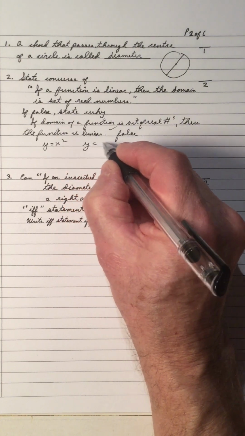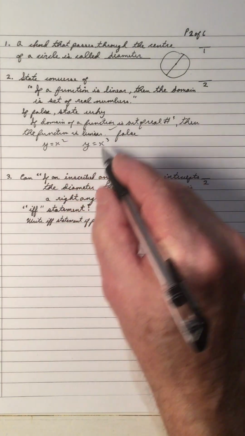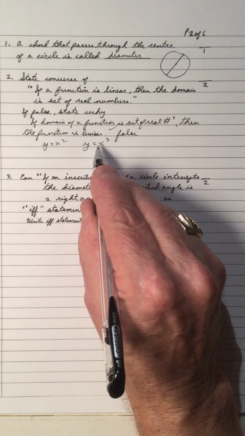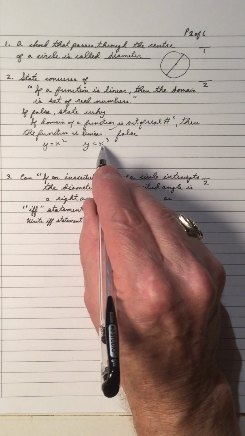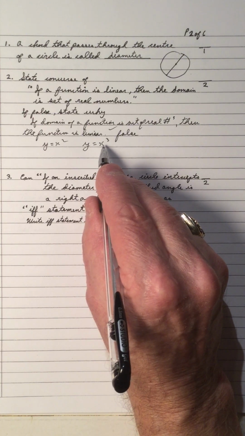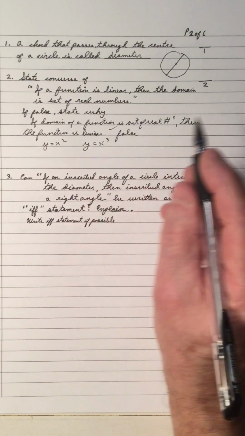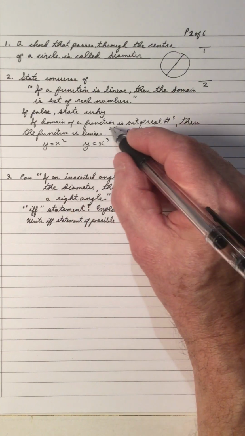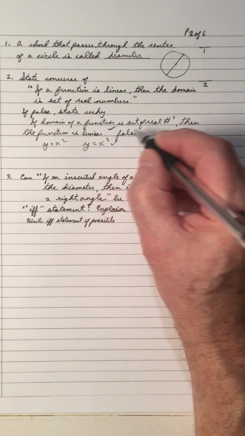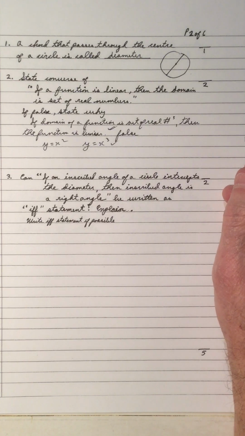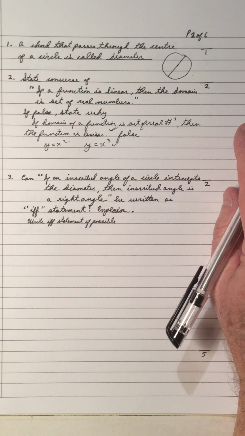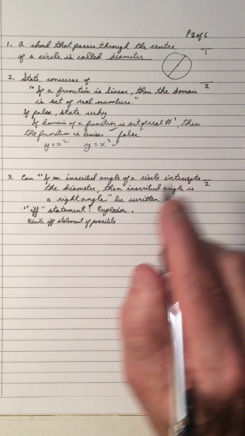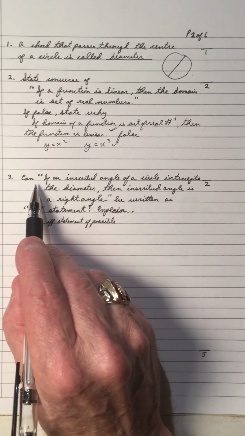Another one could be the cubic function, which has the domain of reals, but again, it's not linear. So if you got the domain inverse right and you got the reason right, give yourself 2 marks. And again, you can pause your video for each question, work out your answers, and then press play to see if you're right.